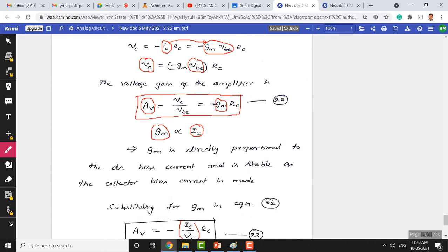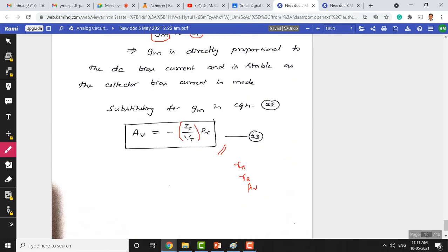Notice the negative sign, which shows there is a 180 degree phase shift between the output voltage and the input voltage. The output voltage is Vc and the input voltage is Vbe. Between these two you see a 180 degree phase shift, which is what the negative sign shows. So these are the alternative versions of this expression.